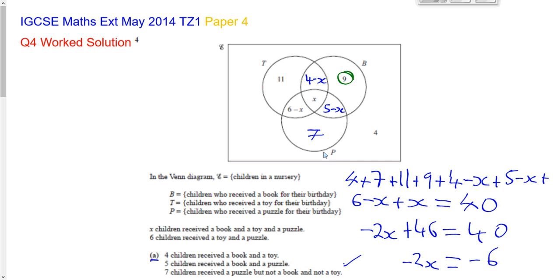So that's the 15 here plus the 7 plus the 6 minus 3.